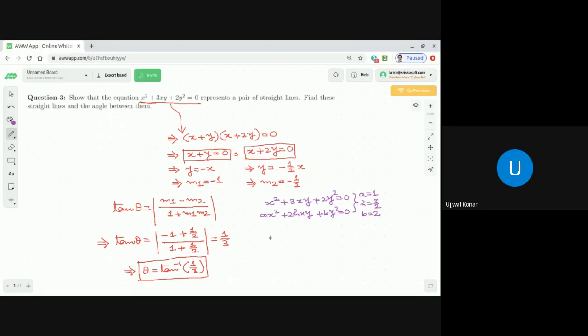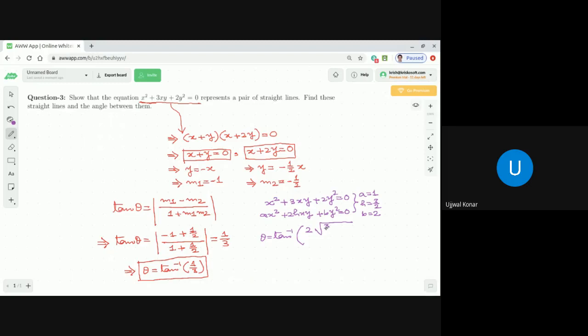So if the angle between them is theta, then also you can find that theta is equal to tan inverse of, if you remember the formula, 2 into square root of h square minus ab by a plus b. That is 2 into square root of h square minus ab.